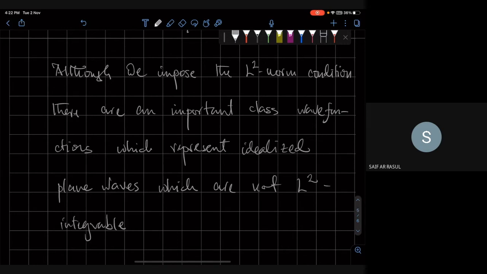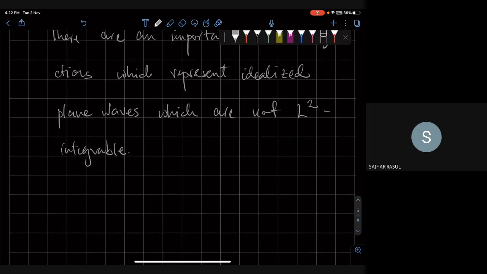We are forced to introduce them. They are kind of an over-complete basis, but it makes life very easy to actually include them.